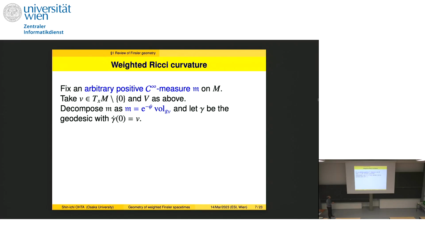So this is an extension of this vector to a vector field on a neighborhood of x, and every integral curve of V is geodesic for the Finsler metric, but it is also geodesic for the metric g_V. Then we decompose our measure by using the volume measure coming from this Riemannian structure induced from the vector field V, like this. And also we let η be the geodesic with initial vector v.